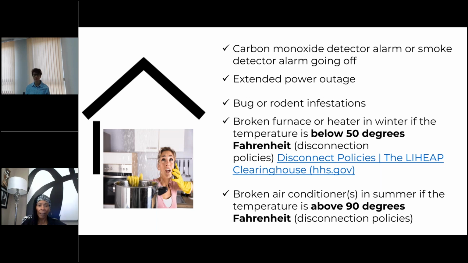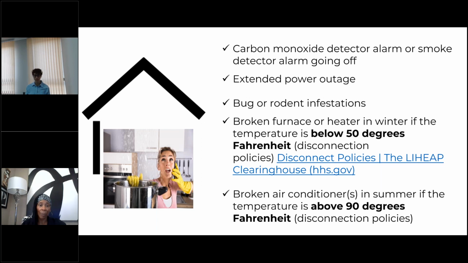I want to highlight, it depends on your disconnection policies for your state. That will determine if it's an emergency when it comes to winter and summer months. This information will be provided for you so you can look up your state and see what the disconnection policies are. I recommend you read this because it can help guide you, not just when we talk about what is an emergency, but also if you're working with a tenant or newcomer and they get their utilities disconnected.